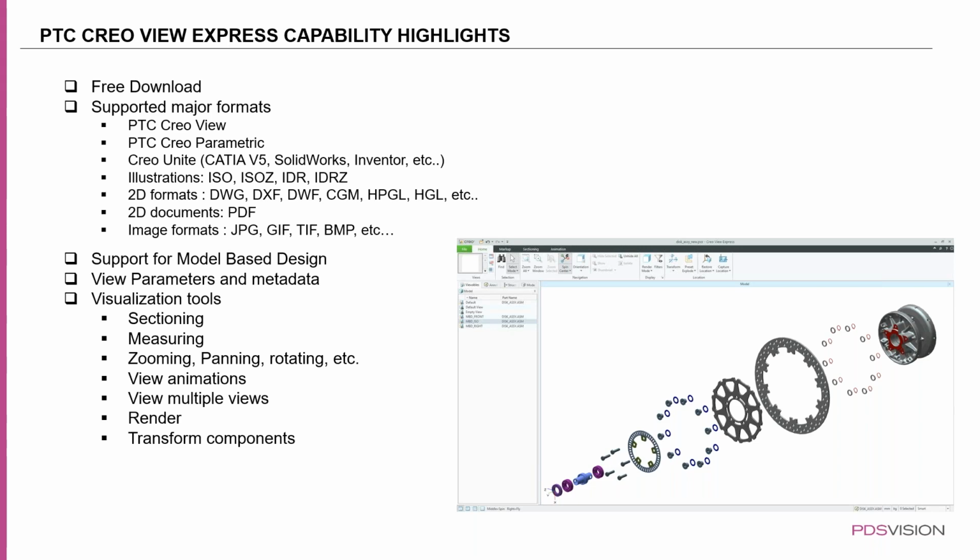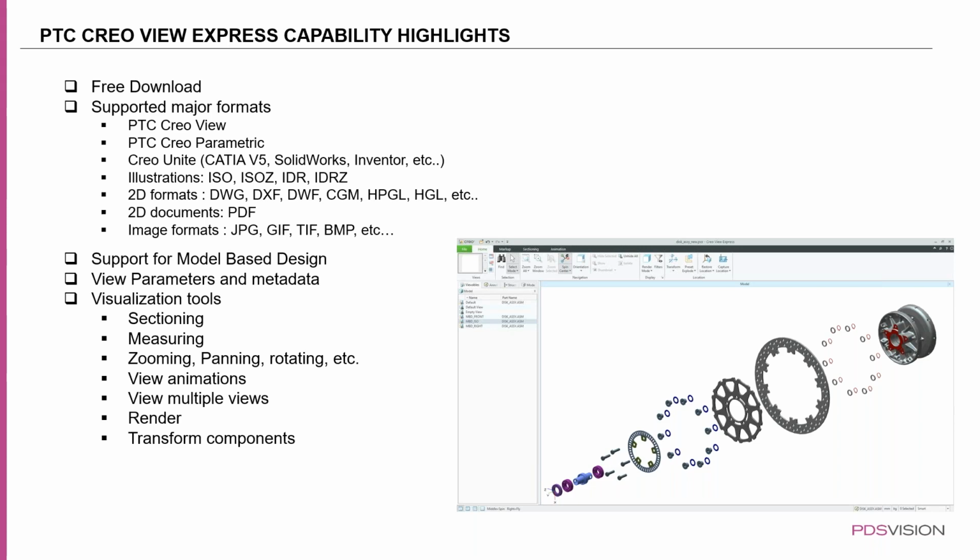So as soon as you open those files, for instance, let's say a SolidWorks part, you open it in Creo Parametric, and then you save it out. It saves it with a .creo extension that allows Creo View to be able to view it. So if you're opening it in Creo Parametric and you save it in Creo Parametric, you'll be able to open it in Creo View as long as it's part of Creo Unite.